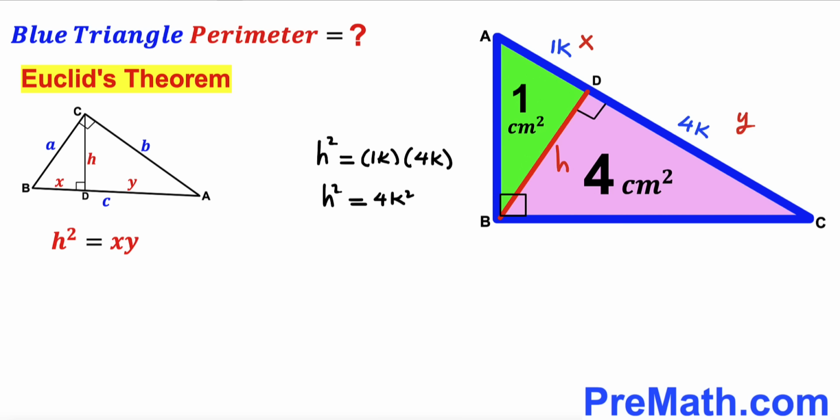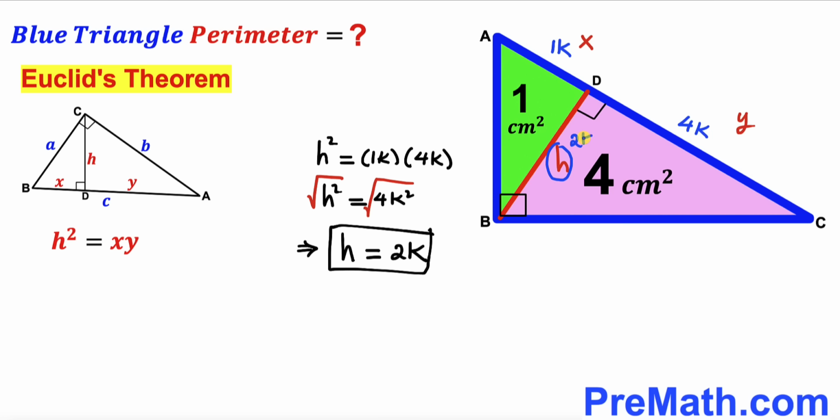Now I am going to undo this square by taking a square root on both sides. Therefore, our lowercase h value simply turns out to be 2 times constant k.